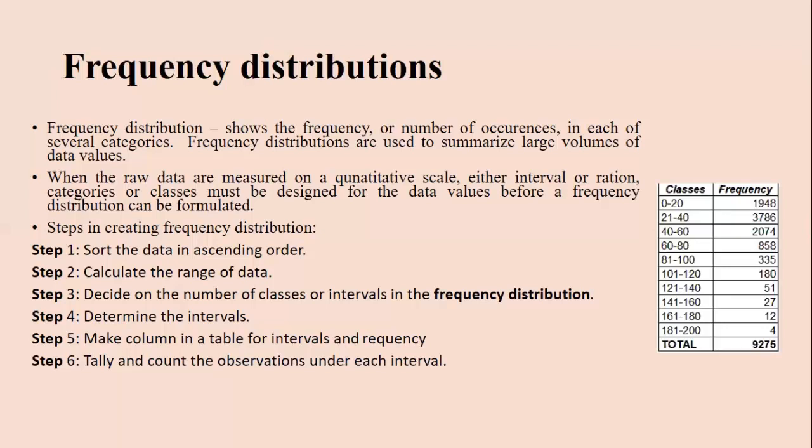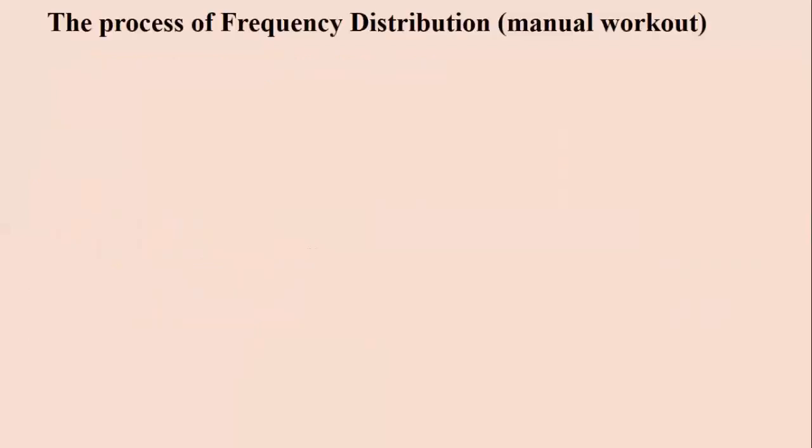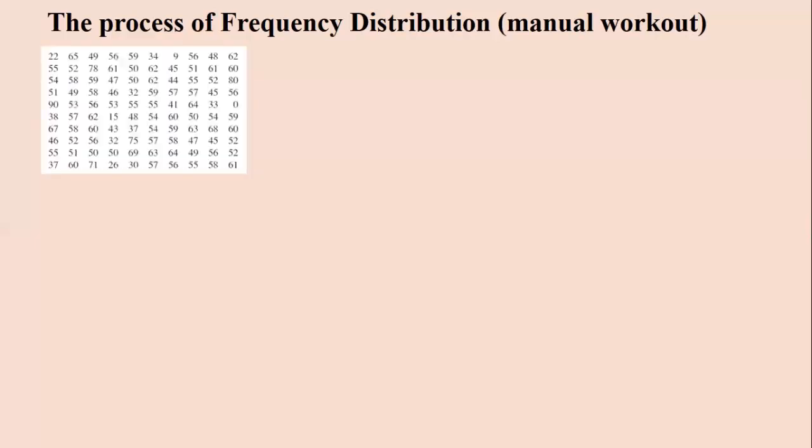So let's start with this manual practice in creating a frequency distribution. What is the process? We can start with a series of data, and that is in the slide. You can see that 100 observations have been collected from somewhere.